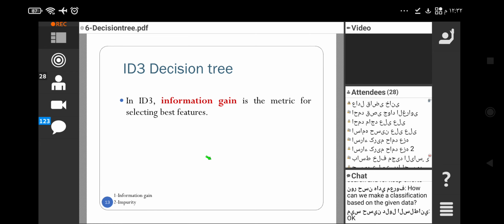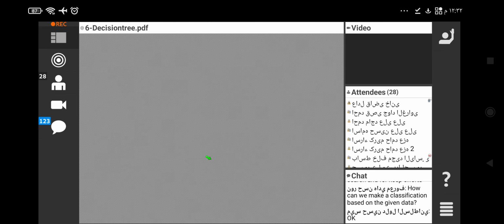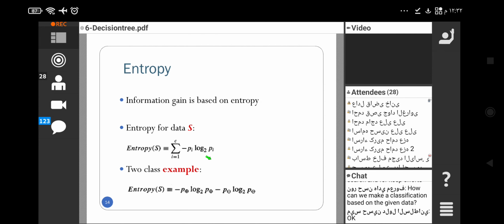Now, what is information gain? Information gain is based on entropy.